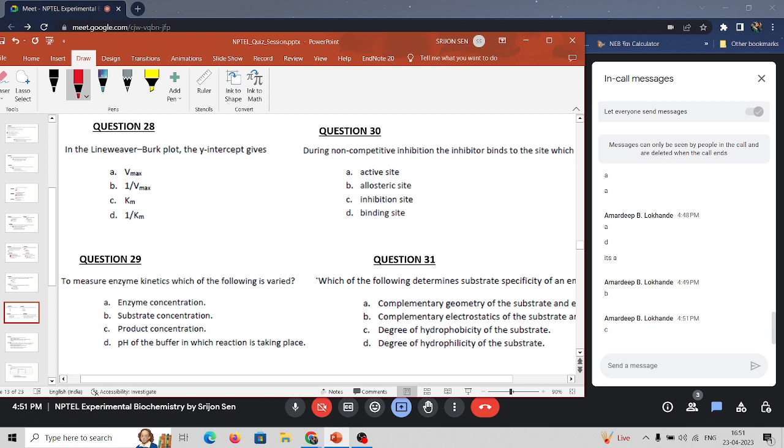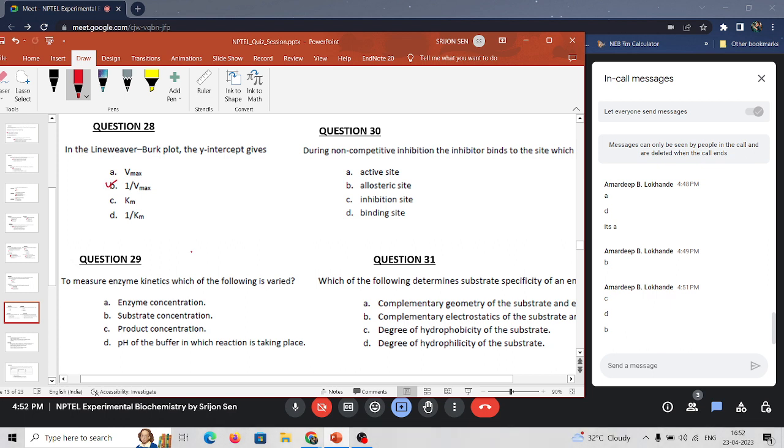So what is the y-intercept of your? No, that is the x-intercept. What is the y-intercept? Yes. 1 by Vmax is the y-intercept.